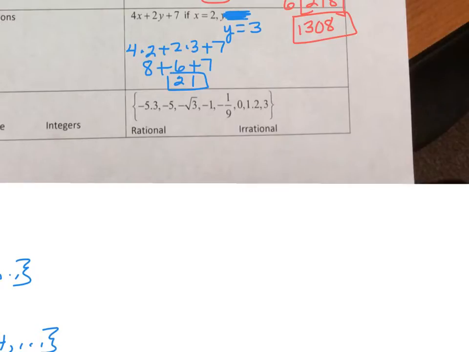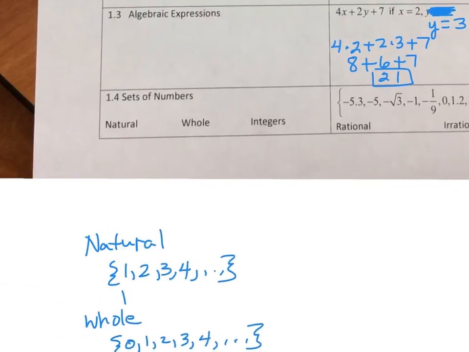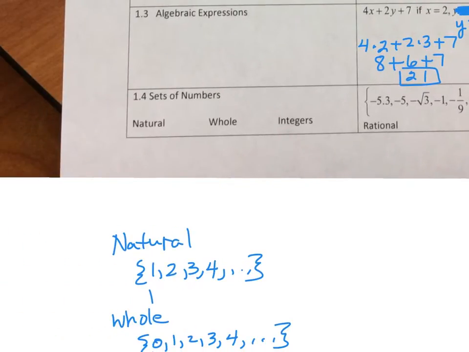Out of this set of numbers I have here, which of those are natural numbers? 3. 3 is the only one, right? Good. You're right. So the natural number in that set is 3.